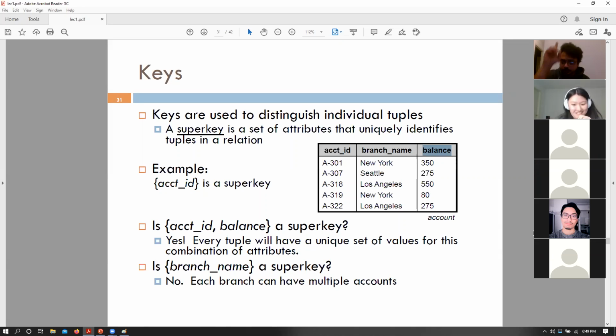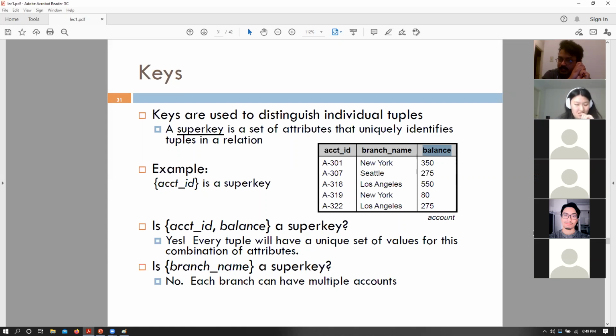No. Okay, so if I have account ID, branch name, and balance, I can have two accounts with the same balance. I can have two branches with the same name, but I cannot have two account IDs that are the same, right? So if I bring all of these three things together, the account ID is still going to be a distinguishing feature.